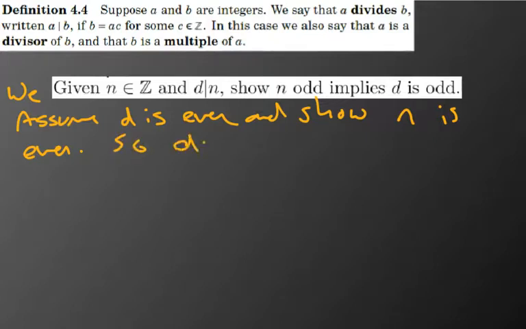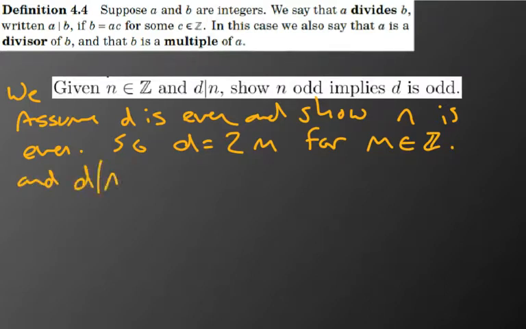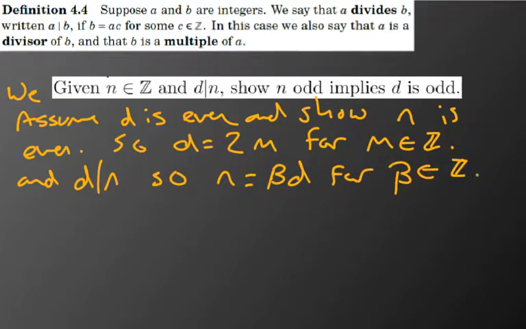So D equals 2 times M for some integer M. Okay. And we know that D divides N, so that means that N equals, I'll stick with this beta, beta times D for some beta in Z.